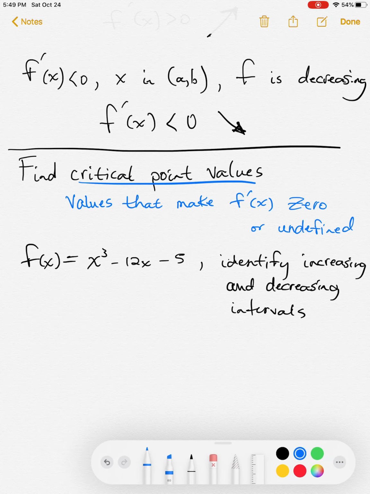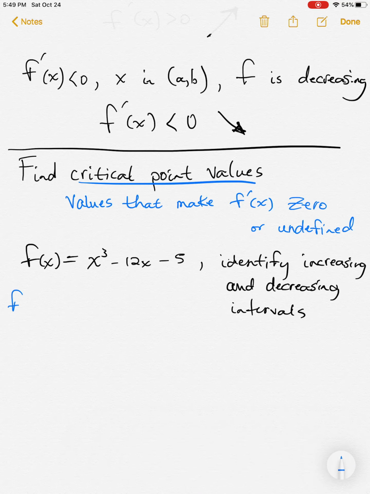All right, so jumping into our example, we have f prime of x. First thing we need to do is find these critical values. F prime of x equals 3x squared minus 12. Took the first derivative. There is nothing that would make the first derivative undefined. You do not see a variable in the denominator, but there are things that could potentially make that first derivative equal to 0.